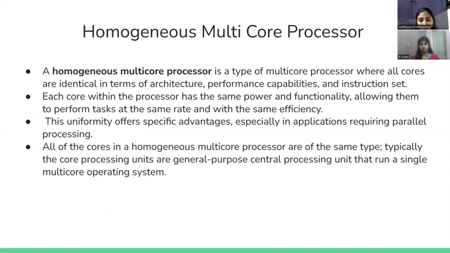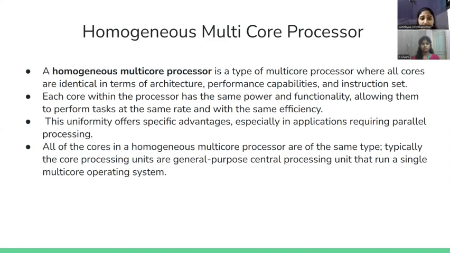This uniformity across cores offers unique advantages in applications where parallel processing is crucial, as it allows tasks to be distributed evenly across all cores. A homogeneous multi-core processor is built for environments where the tasks can be split and processed in parallel by multiple cores that work in synchrony.